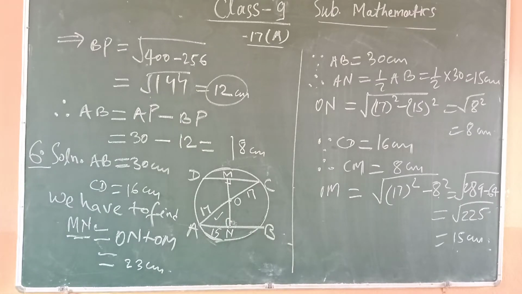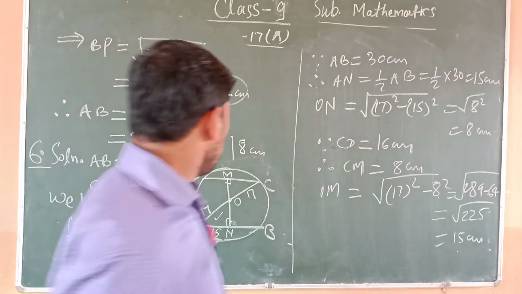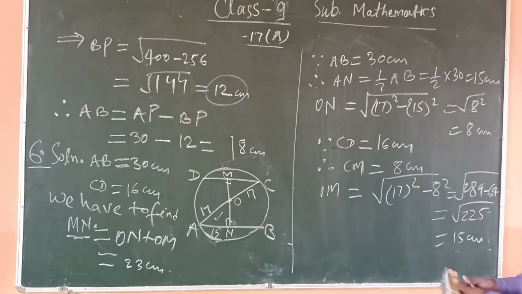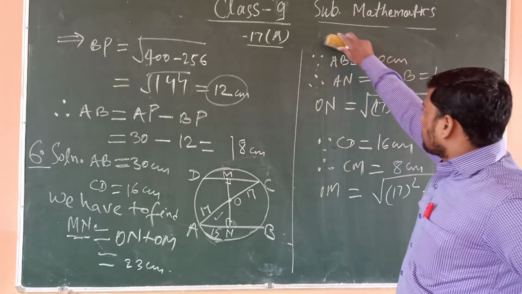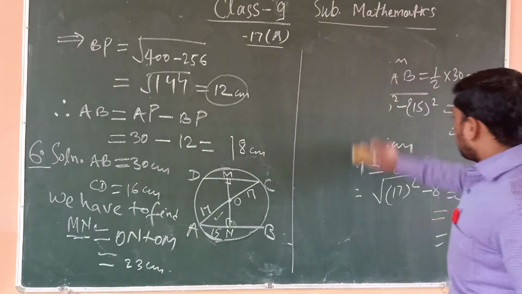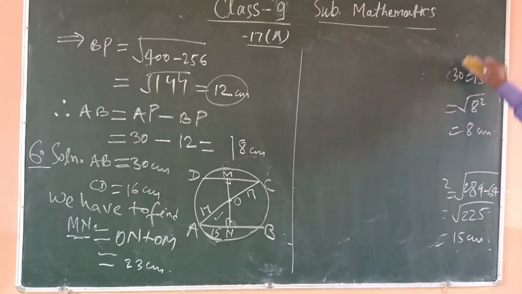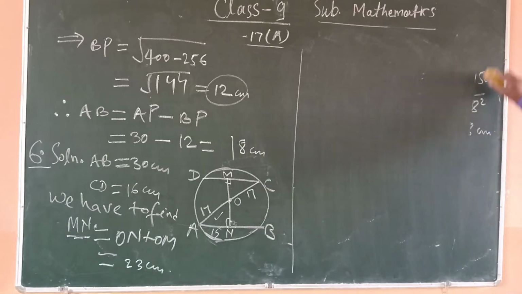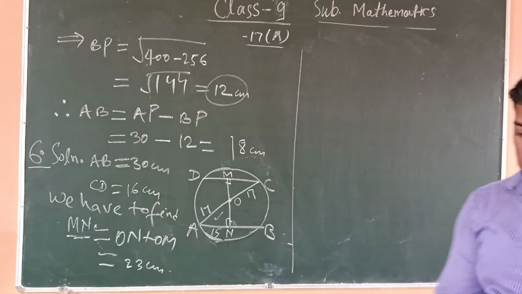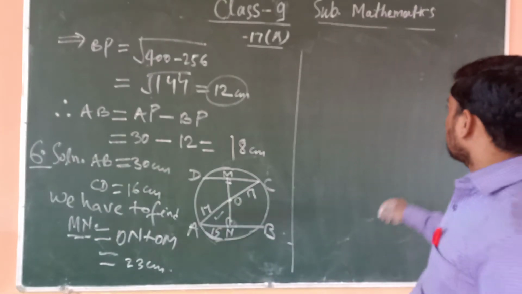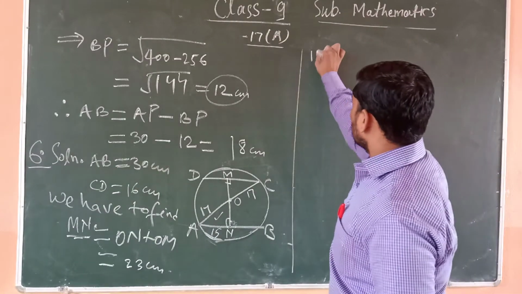Second part is on the same side of the center. If chords are on the same side of the center, upside or down, any one side, see, the figure will be changed.